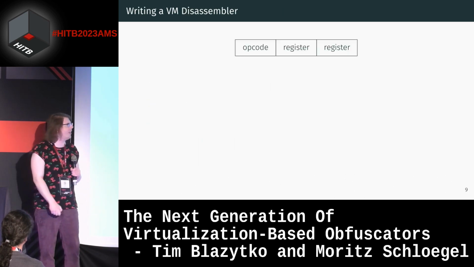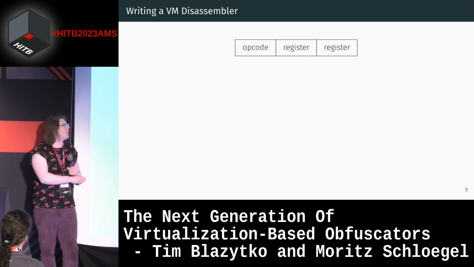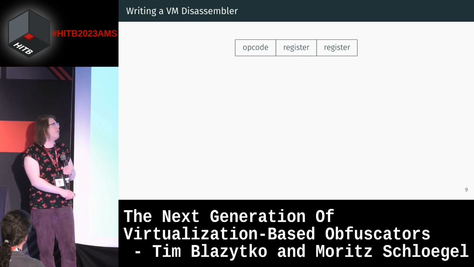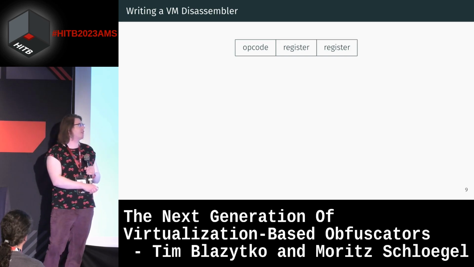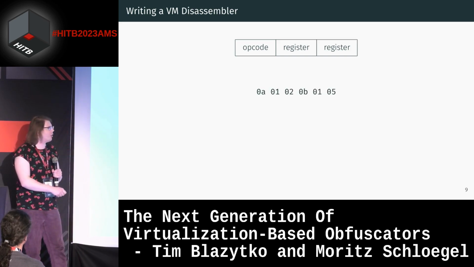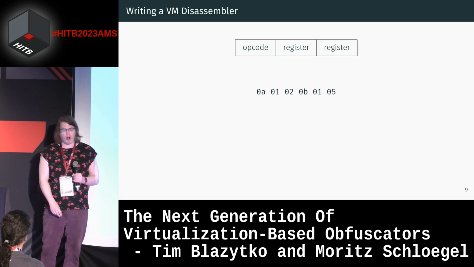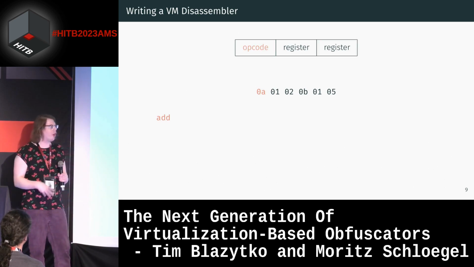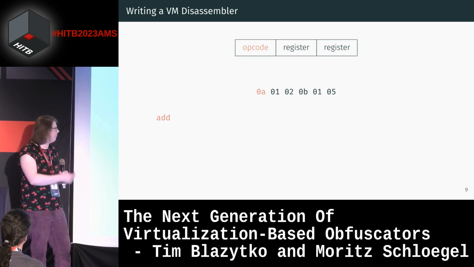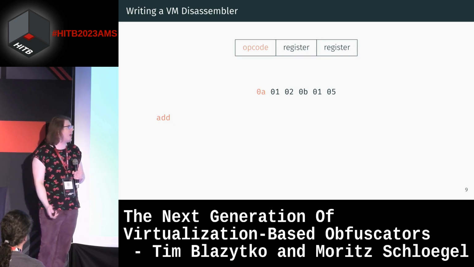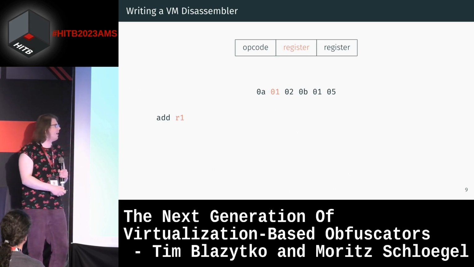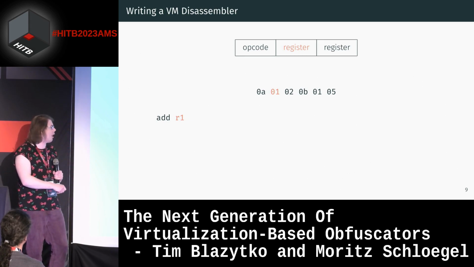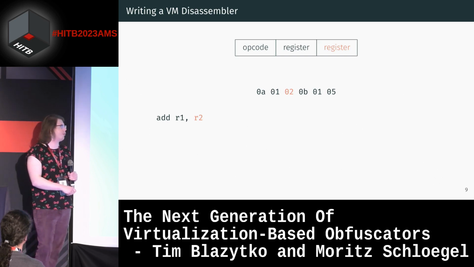So, for instance, think about we have reverse engineered this instruction format where we have a 1 byte opcode, a 1 byte register, and a second 1 byte register. And we have this sequence of bytes. We would walk byte by byte. We take the first one and know this is the opcode, this is an addition. Then we walk to the next byte. This is a register. Since this is a 1, we put R1 here. And then the second one is a 2, so we put R2 here.